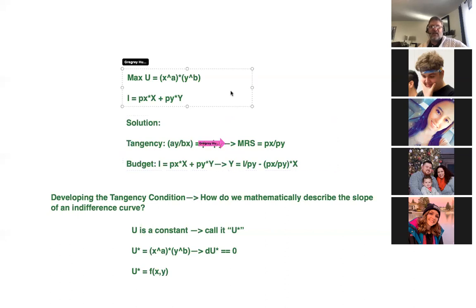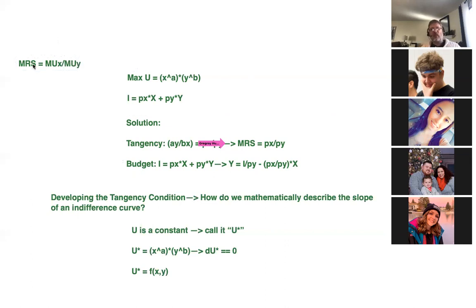And the MRS by definition, and I told you guys this last time, I'll just write it one more time really quickly over here. MRS is equal to MUX over MUY.